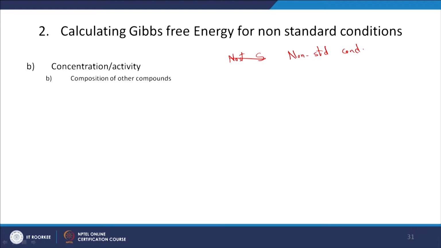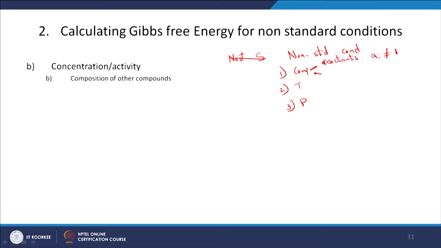There are three aspects that we need to consider in that. And what are they? The composition, temperature, and pressure. In the last class we talked about composition with respect to the reactants. So how do we go about calculating the relevant variables when the activity of your component is not equal to 1, right?